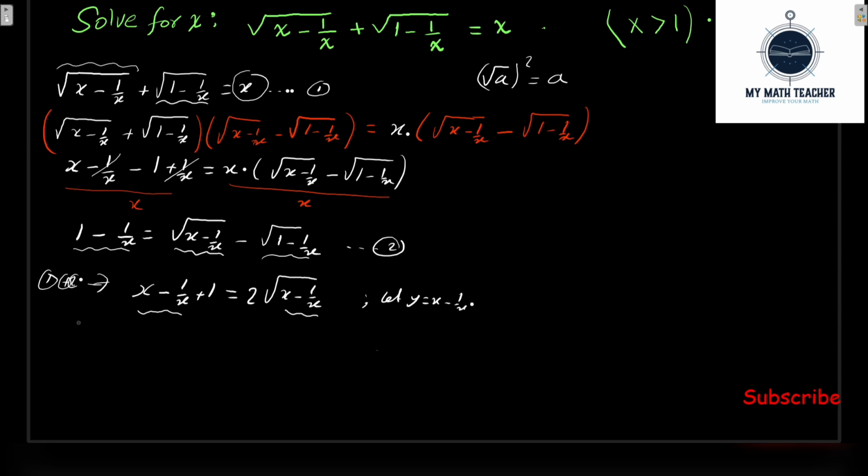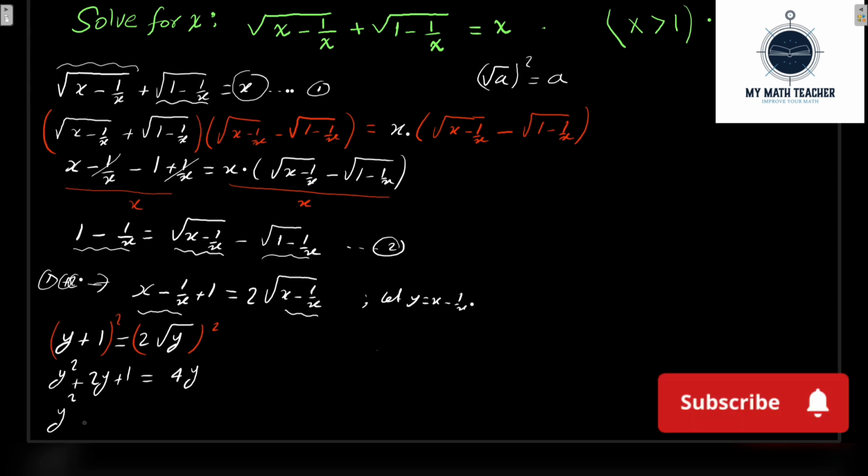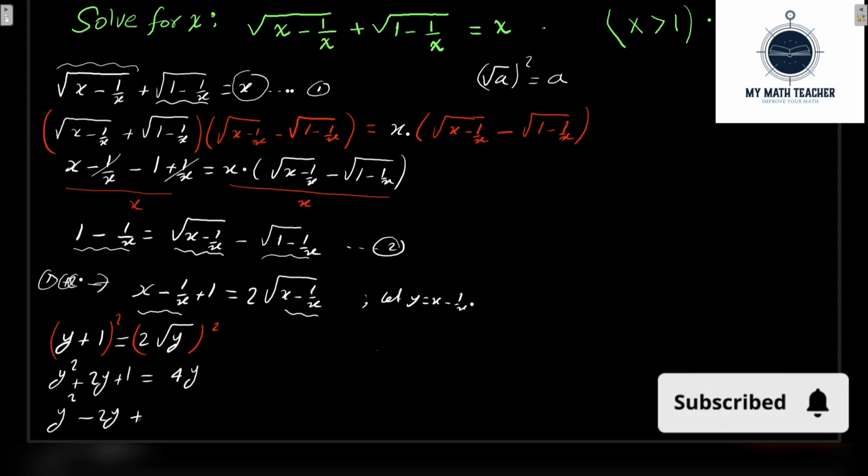Then we'll get here y plus 1 equals 2 square root of y. And now squaring both sides, we'll get (y plus 1) squared, y squared plus 2y plus 1 equals 4y, and then subtracting 4y from both sides, we'll get y squared minus 2y plus 1 equals 0.